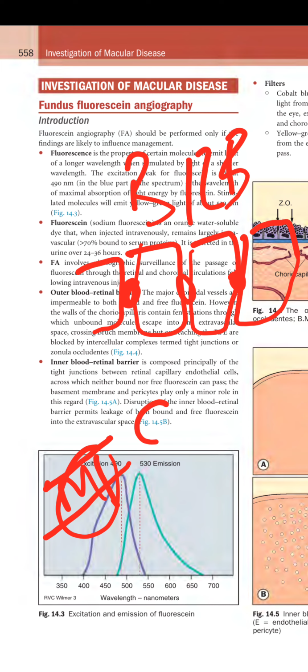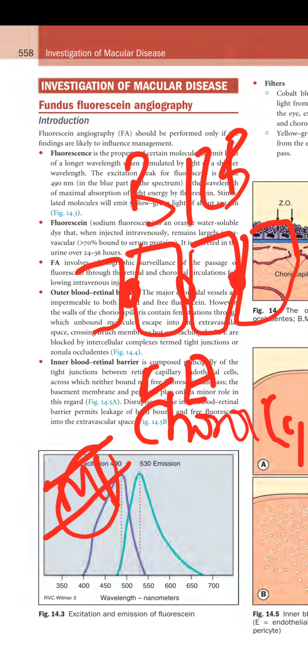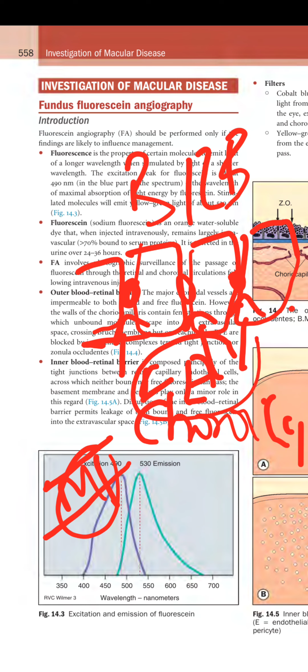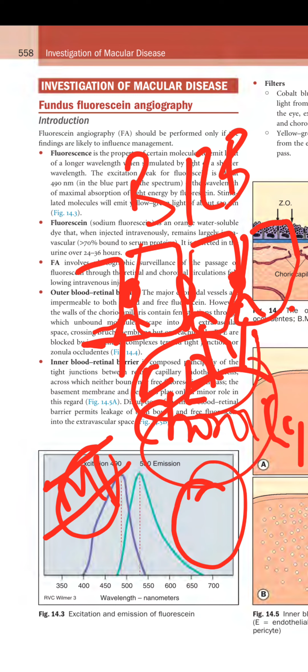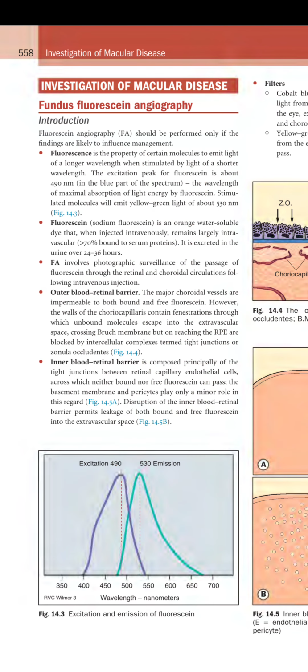But when it reaches the choriocapillaries, there is a leakage of unbound fluorescence, and when it comes to the RPE, it cannot cross it because of the blood retinal barrier. So that is why when we inject fluorescein into the body, first there is a leakage in the choriocapillaries. That is why the choroid becomes slightly white in color.